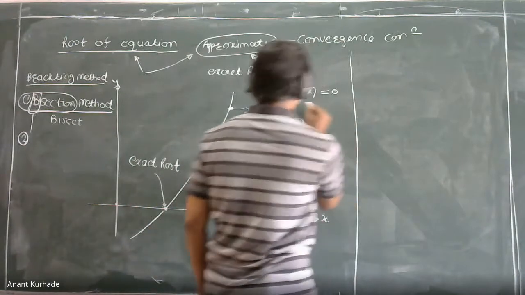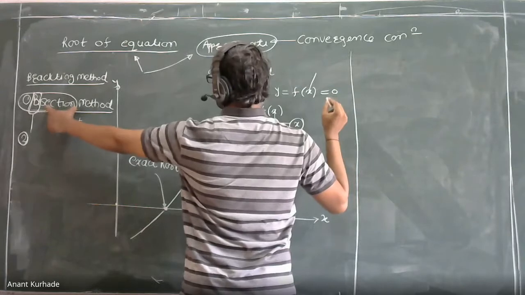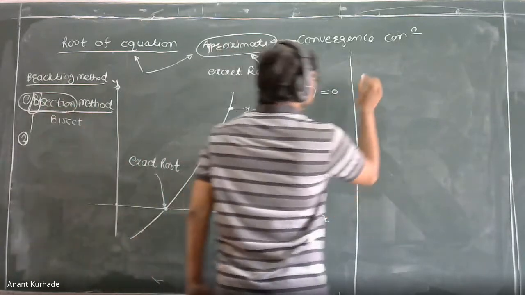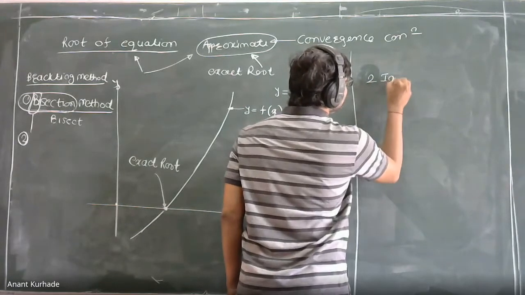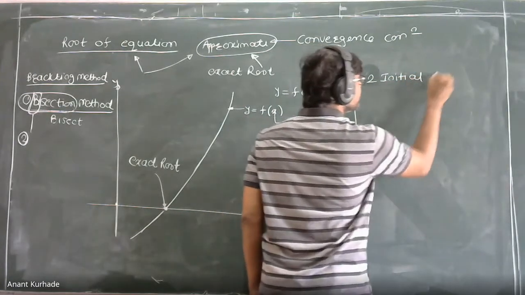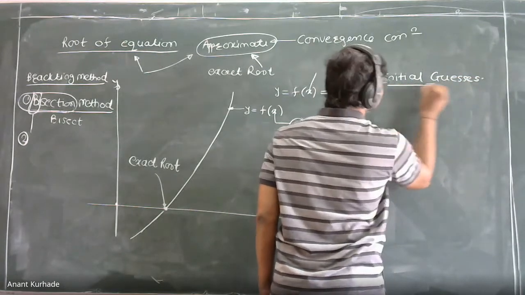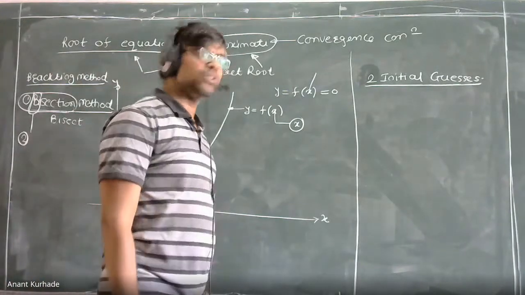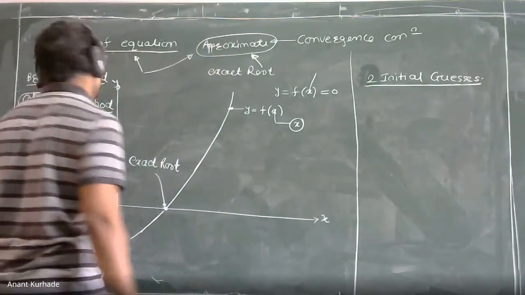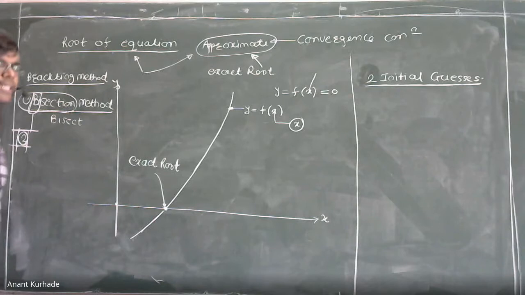So it is y is equal to f of x, where x is the variable. So in this bisection method, we have to assume 2 initial guesses.